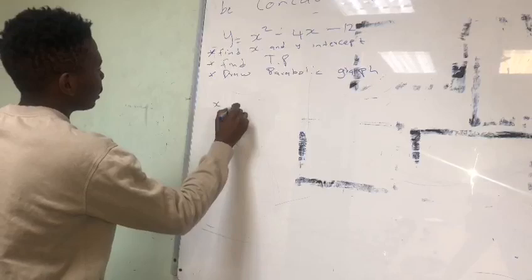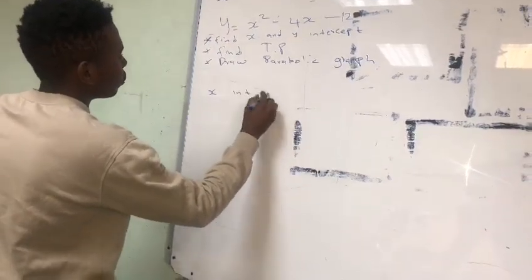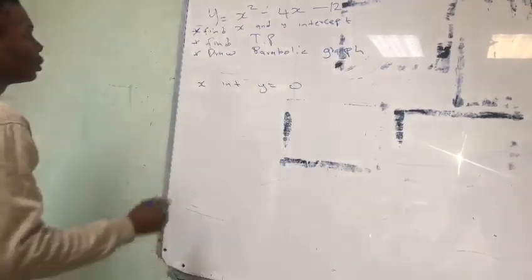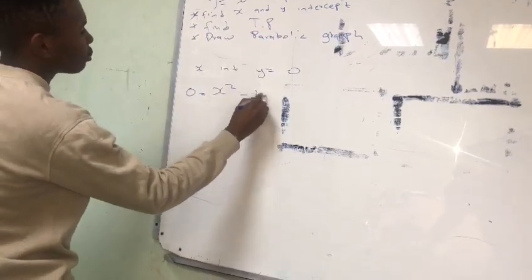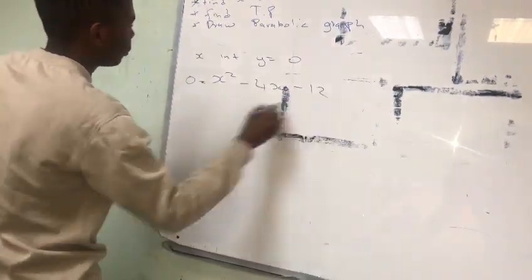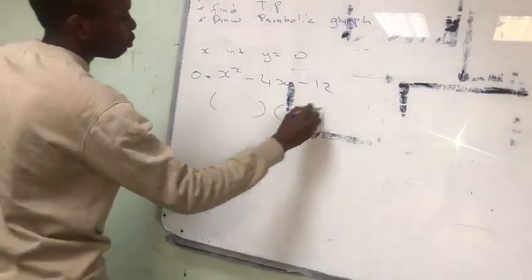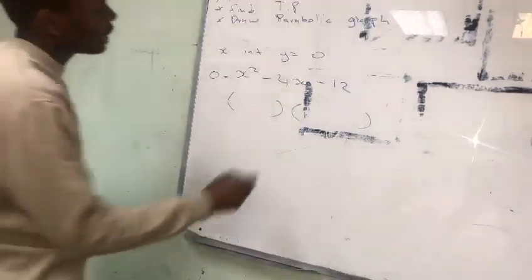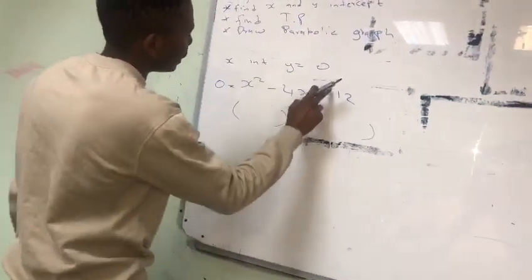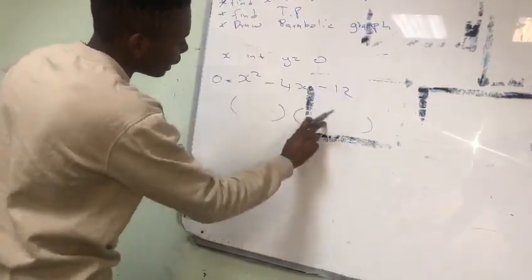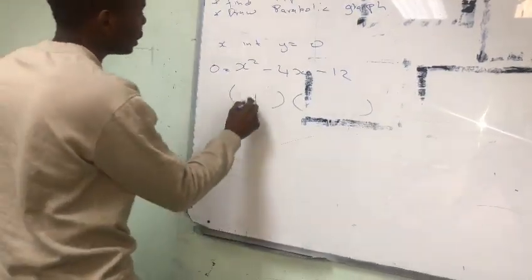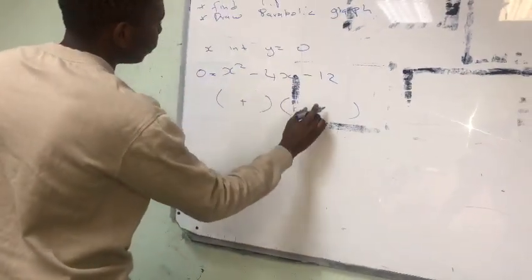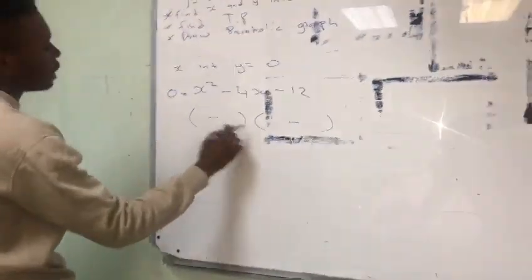For the x intercept, y is equal to 0. Therefore, our equation will be x squared minus 4x minus 12 equals 0. Then we solve for x. We have a negative here, and negative tells us that in our brackets our signs will be different, either positive and negative, or negative and positive.